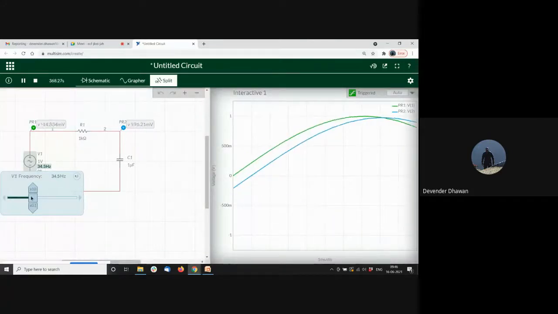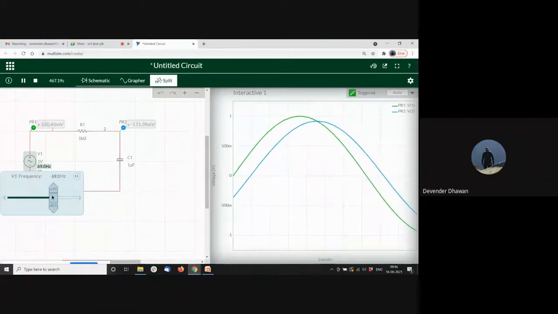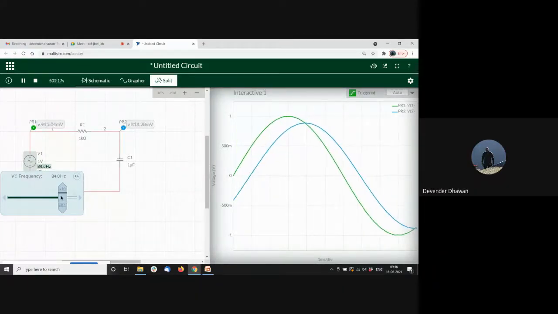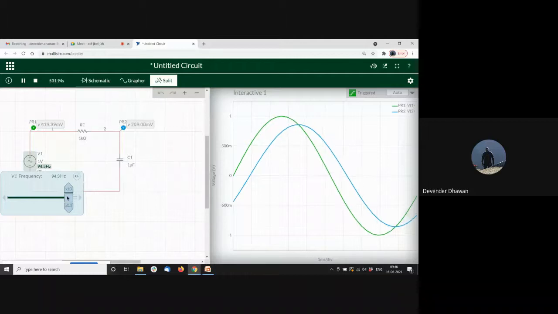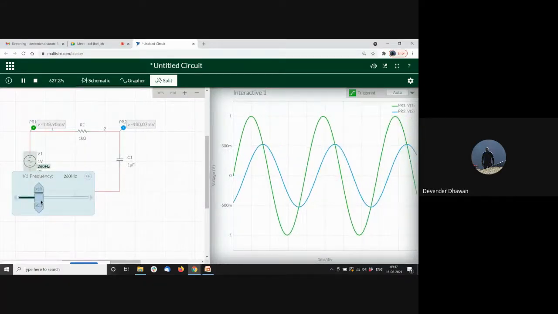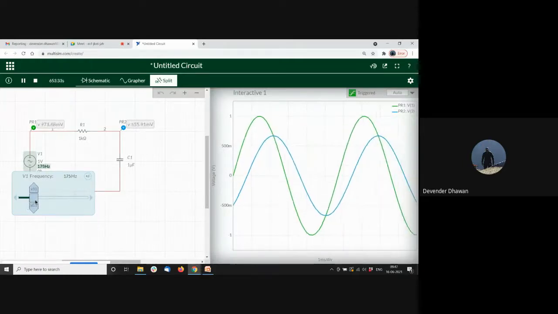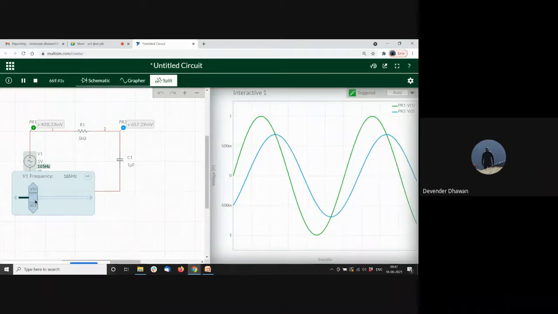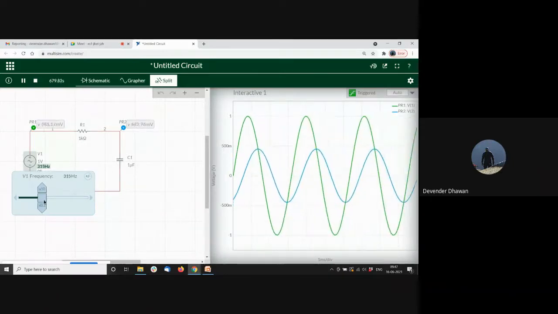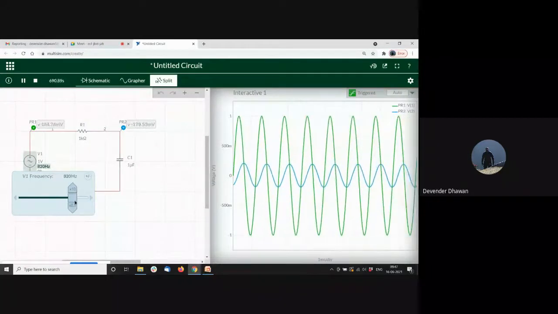If I decrease it, they're still almost same. And when I start increasing, now you can see that it has started decreasing a little. You can see the blue waveform is decreasing now. And if I keep on going, you can see that we have crossed 159. So we have come beyond 0.7 of the original signal.